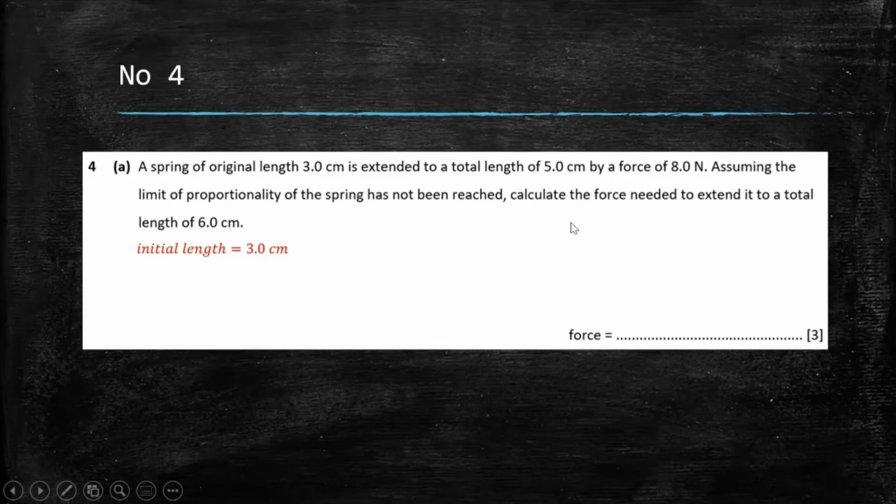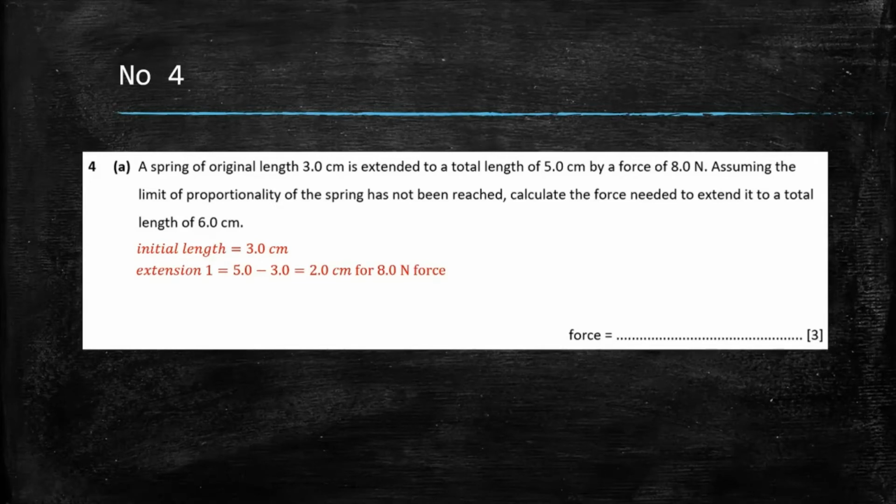So, the extension is 5 cm minus 3 cm, which equals 2 cm. This extension is produced by 8 Newton force. So be careful, the 5 cm here is not the extension of the spring. It is the final length of the spring when it is pulled by 8 Newton force.